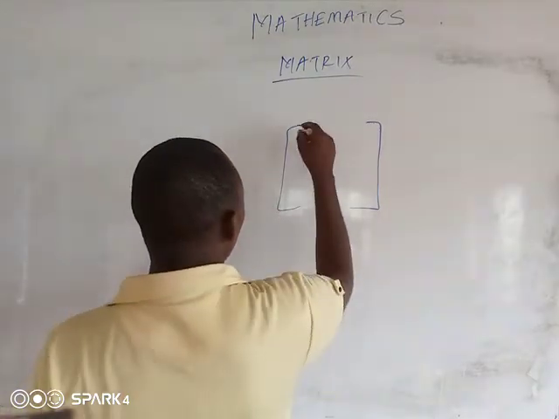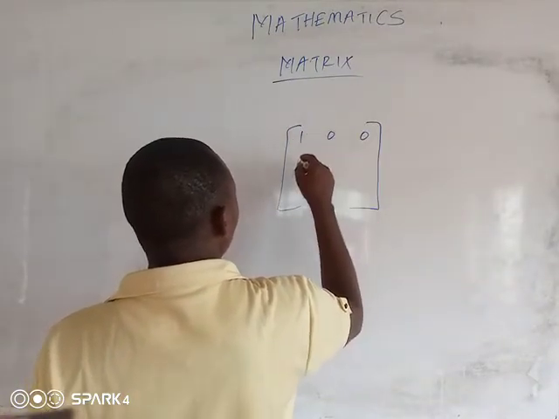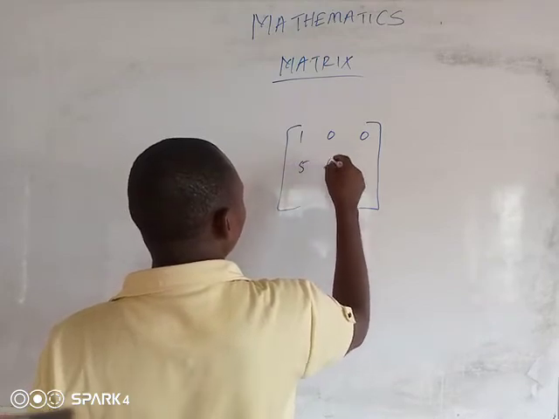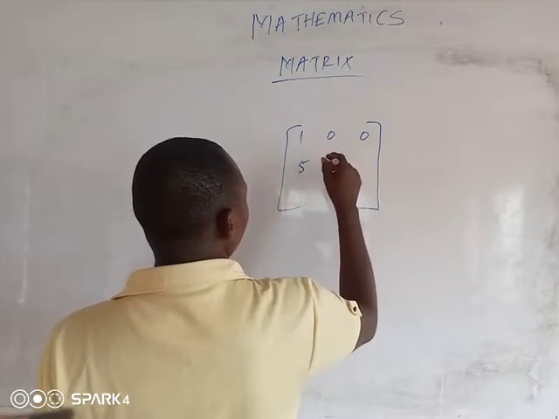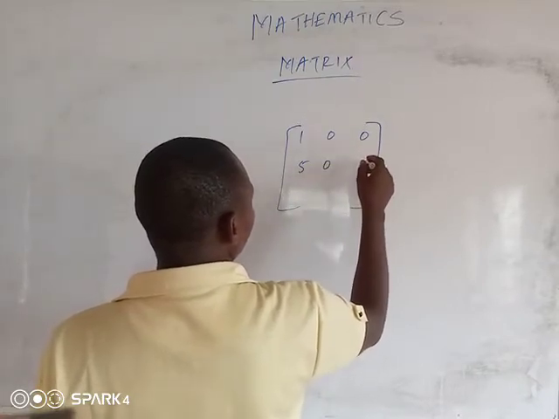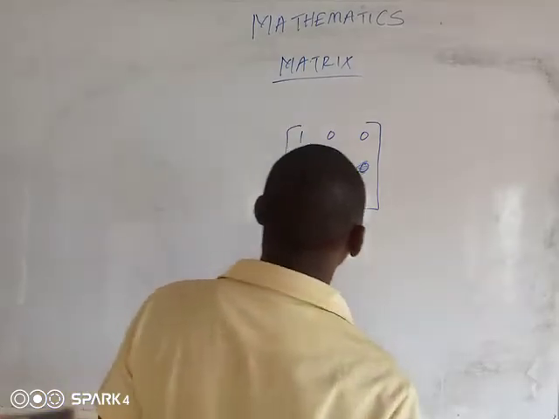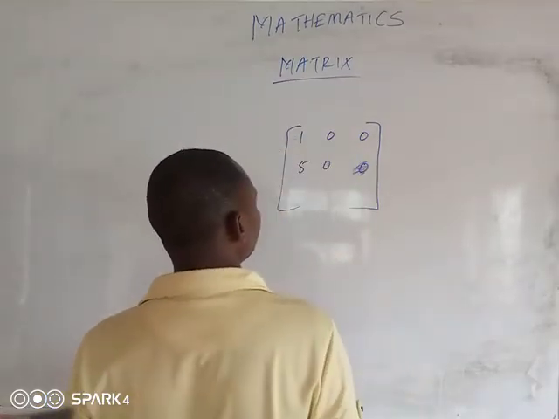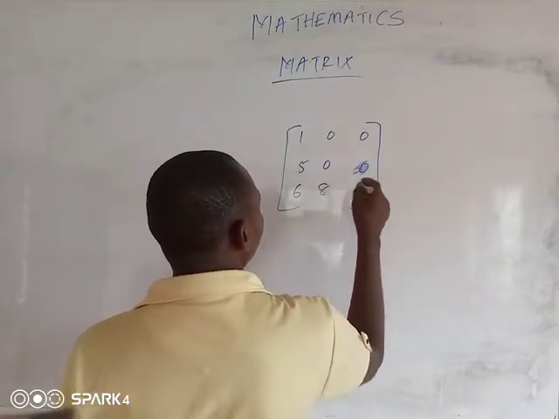So we can have 1, 0, 0, 5, 6, 5, 0, 6, 5, 0, 0, 5, 0, 0, 6, 8, 8.